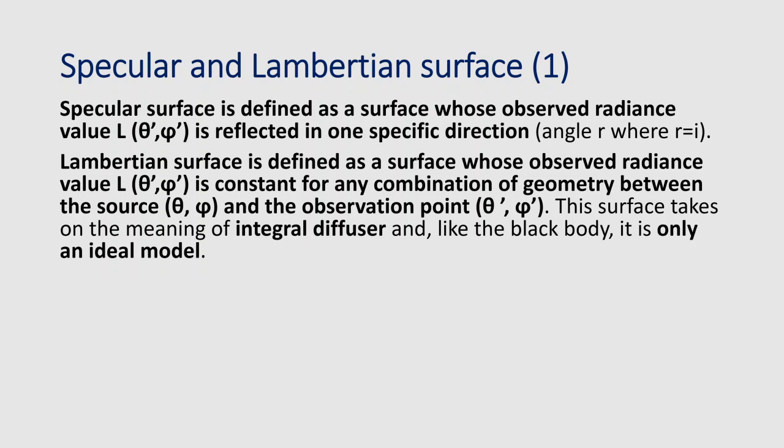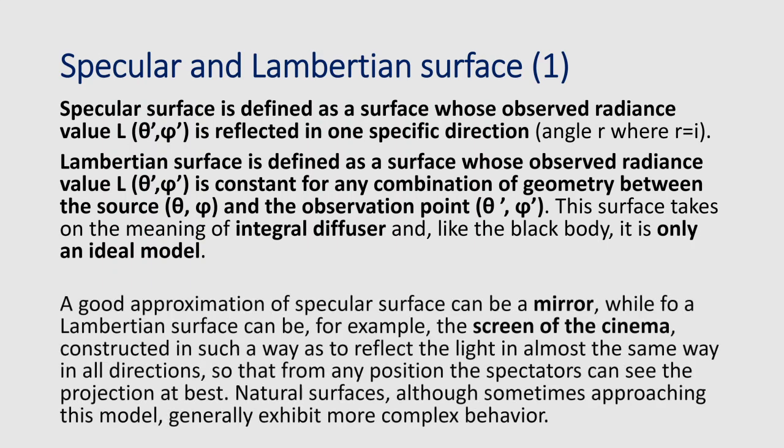Lambertian surface is defined as a surface whose observed radiance value, the same as before, is constant for any combination of geometry between the source and the observation point. The surface takes on the meaning of integral diffusor, and like a black body, it's only an ideal model.